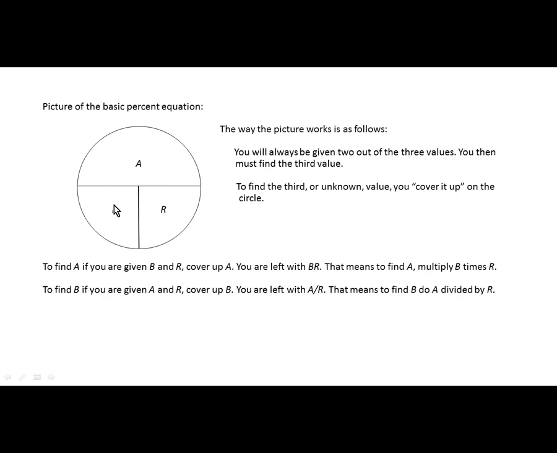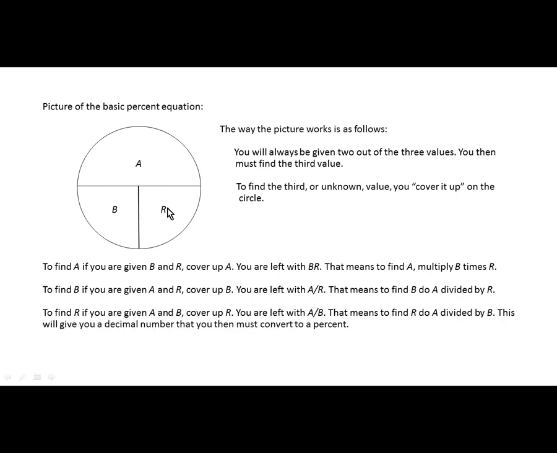You now have A over R. So to find B, you do A divided by R. And to find R, cover it up. R is going to be A over B. So you're going to do A divided by B, which means you're going to get a decimal number. Remember, R is a percent. So to do that, you then have to convert the decimal number to a percent. Remember, to convert the decimal number to a percent, you just say times 100 and add on the percent symbol. Okay, notice 2 out of 3 times you're dividing.